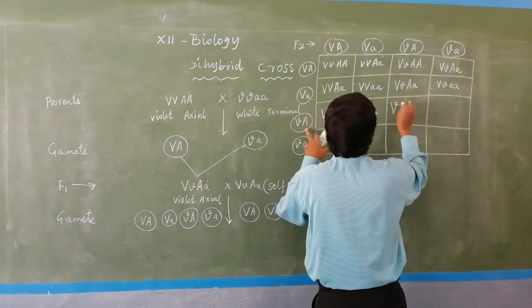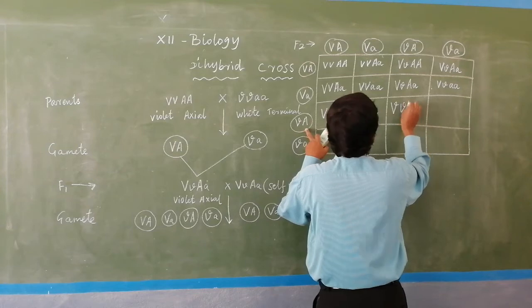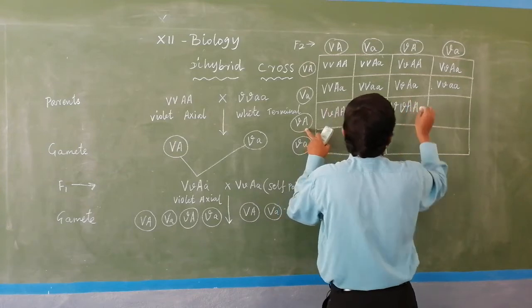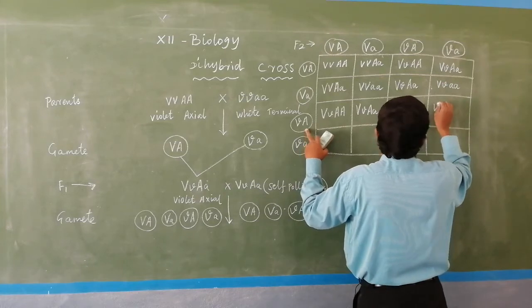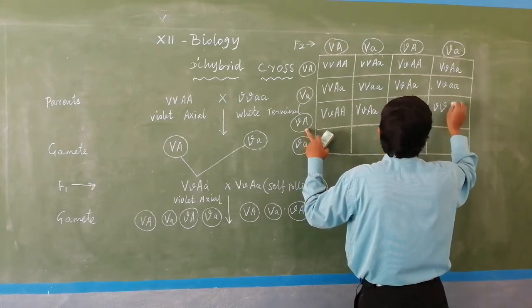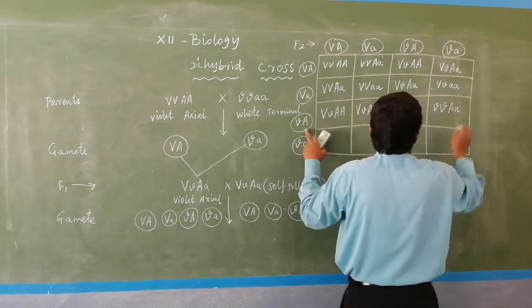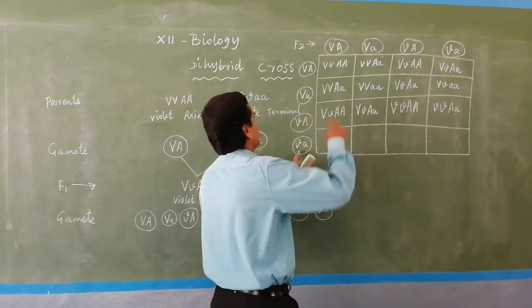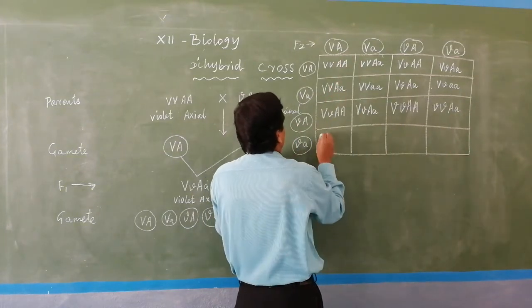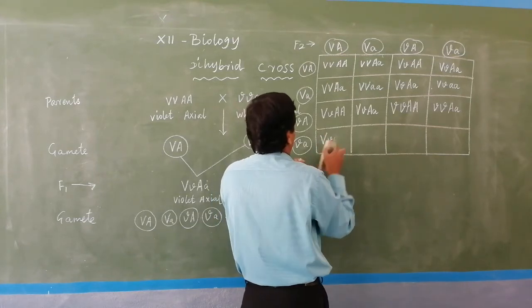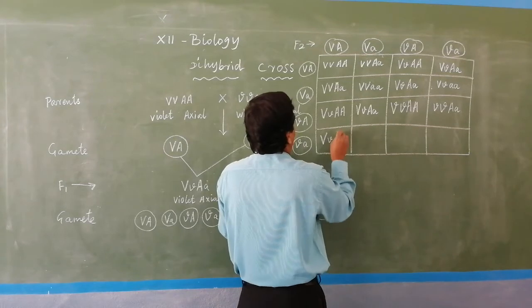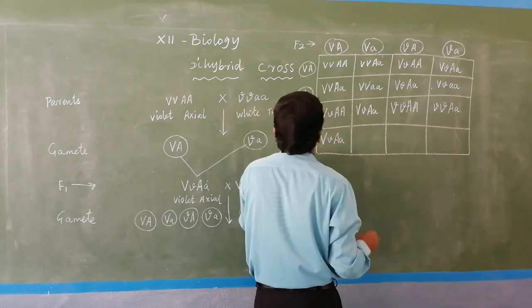Then small v, capital A, capital A. Small v, capital A, small a. Then multiply this one. Capital V, small v, capital A, capital A, small a.